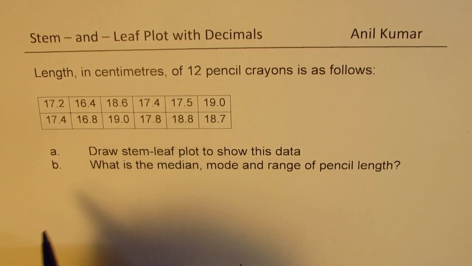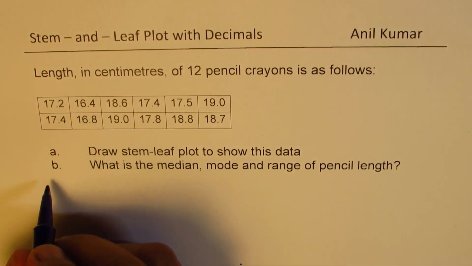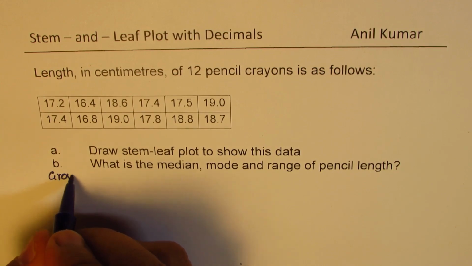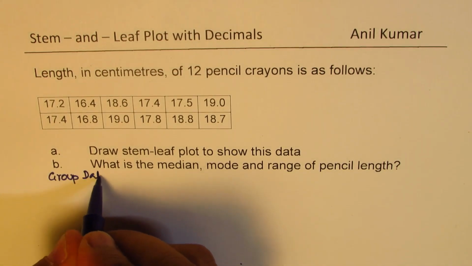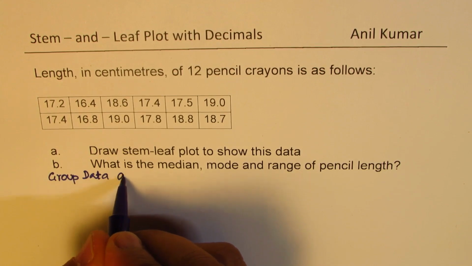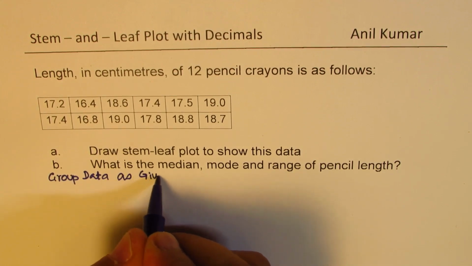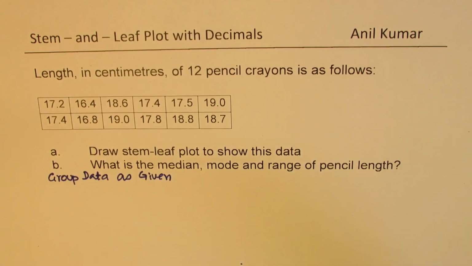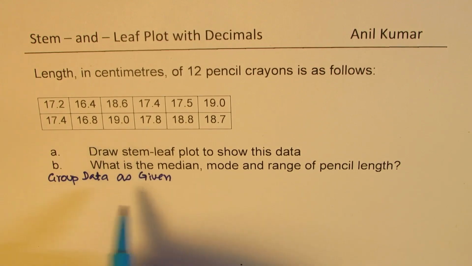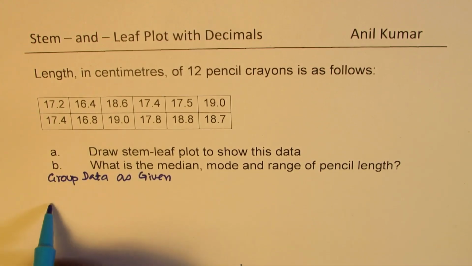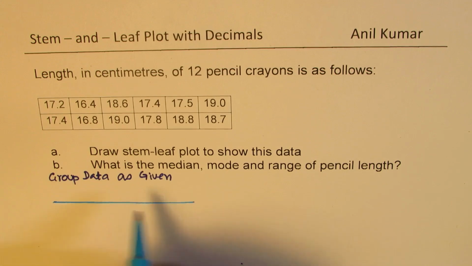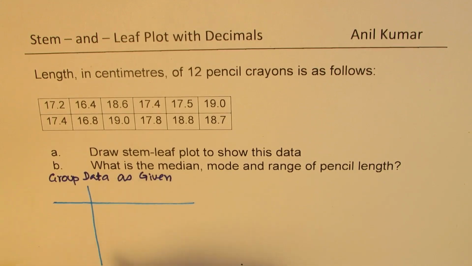So we'll do it in 2 steps. In first step, we'll arrange the data as given, right? So group data as given. So the arrangement will be done so that we could have 1 digit in the leaf place and the rest for the stem, right?